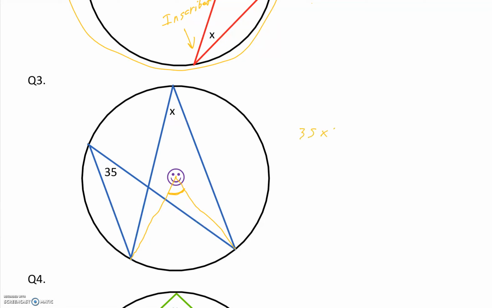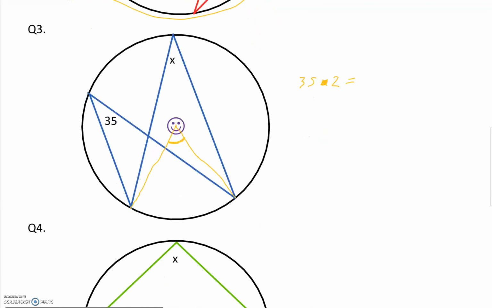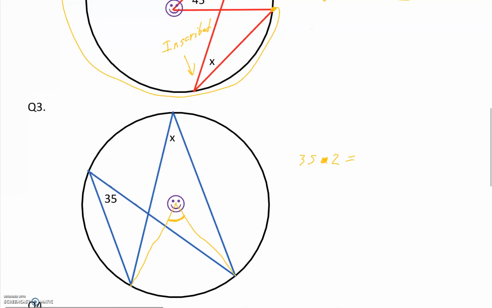So inscribed angle times by 2 equals, whoops, not x. Inscribed angle times by 2 is the central angle. So we have 70 down here. And then we go back up to x, which is a different inscribed angle, but it's going to be exactly the same.